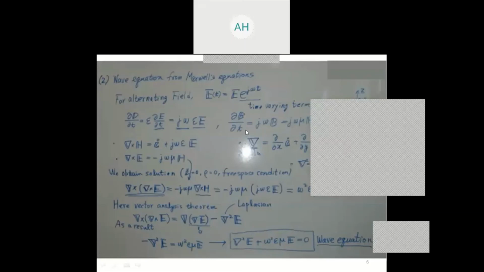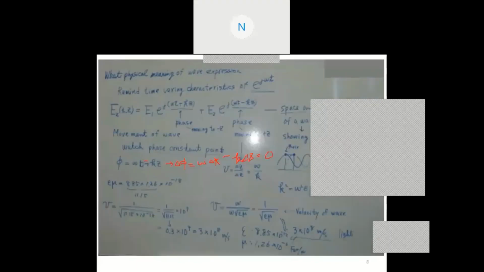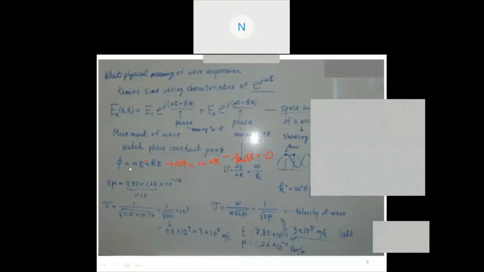And one more. In the question, many small questions are included. So you must understand how to obtain the velocity of the wave. In this slide, many calculations are requested in electromagnetic theory.